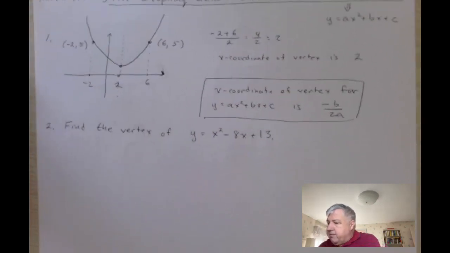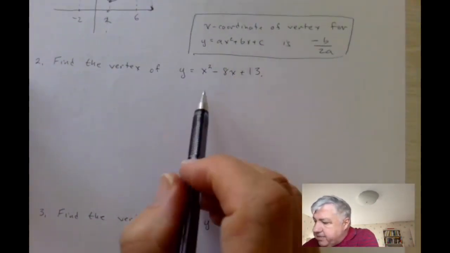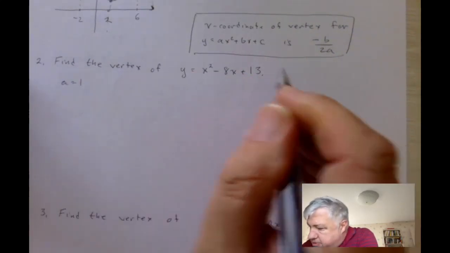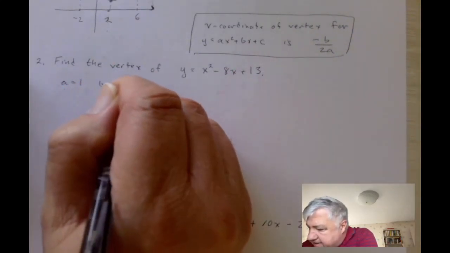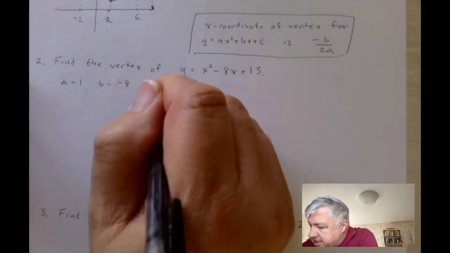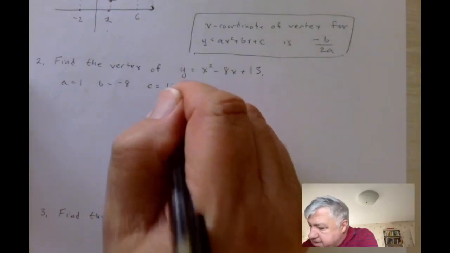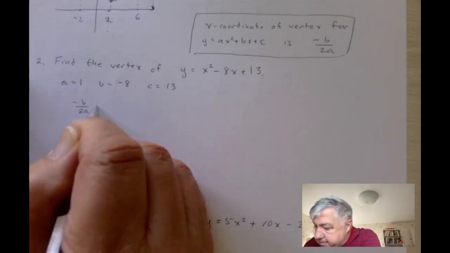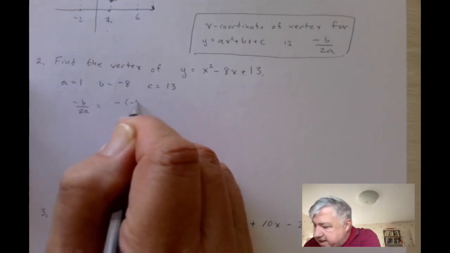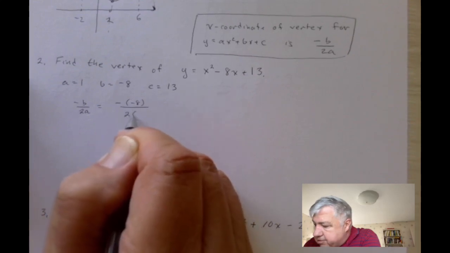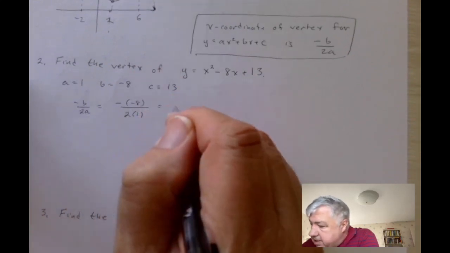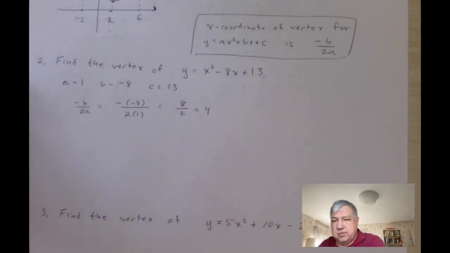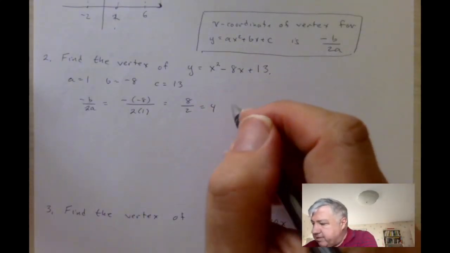So, for an example, in this case, x squared minus 8x plus 13, we see that a is 1, b is negative 8, and c is 13. So minus b over 2a is going to be minus negative 8 over 2 times 1, and that's going to be positive 8 over 2, which is 4. So that's the x-coordinate of the vertex.